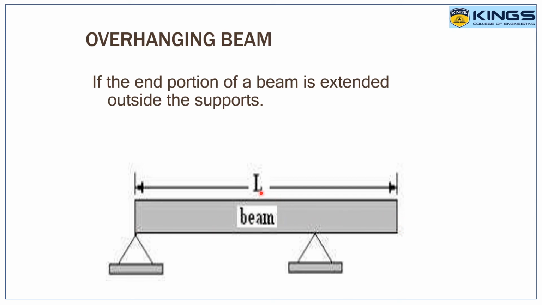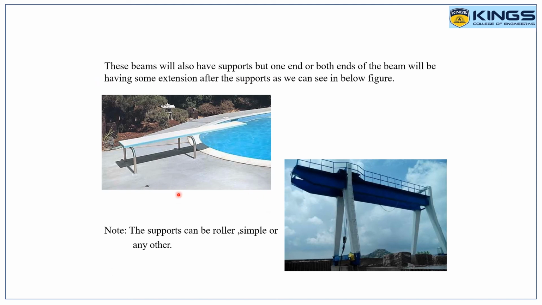This is a beam of length L. This is a support and this one is another support, and beyond the support the beam overhangs, so it is termed an overhanging beam. And these are practical examples of overhanging beams, and this one is more familiar from the area around a swimming pool.